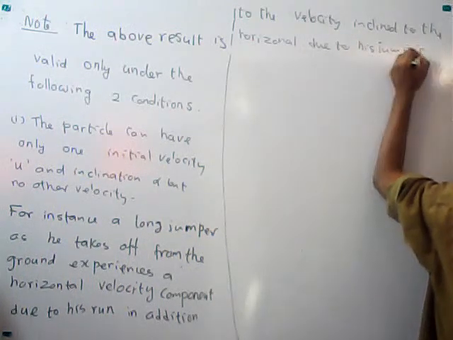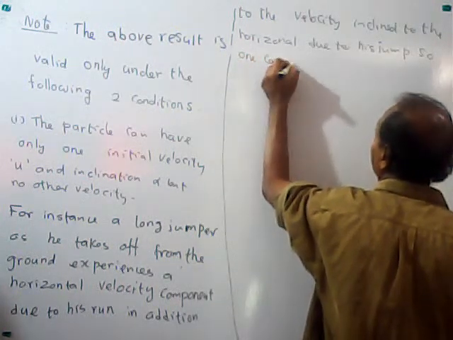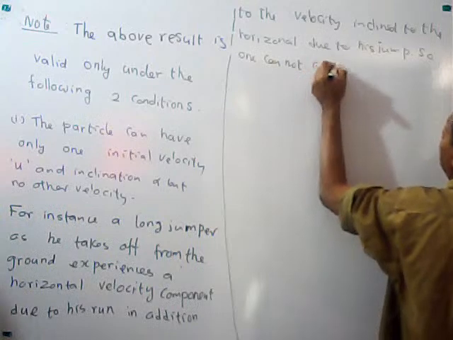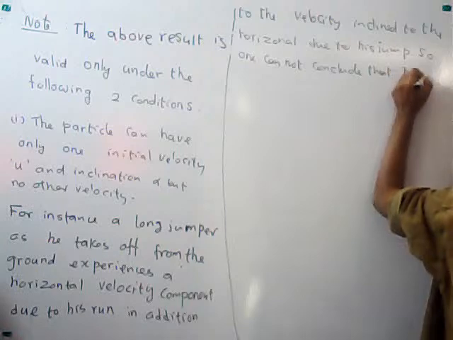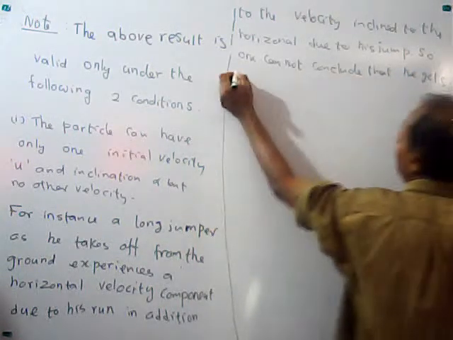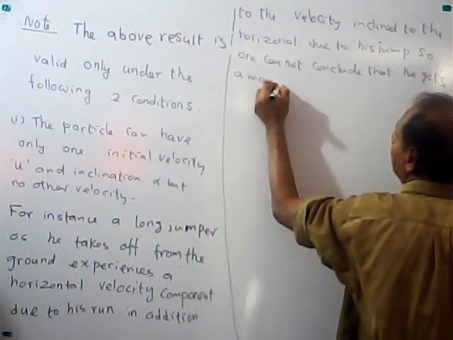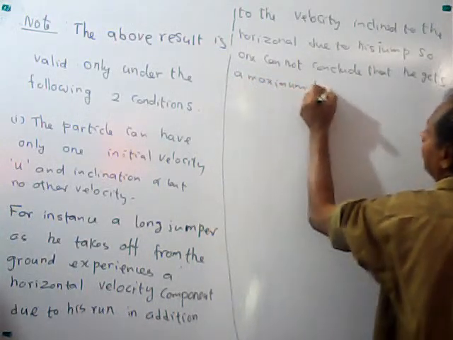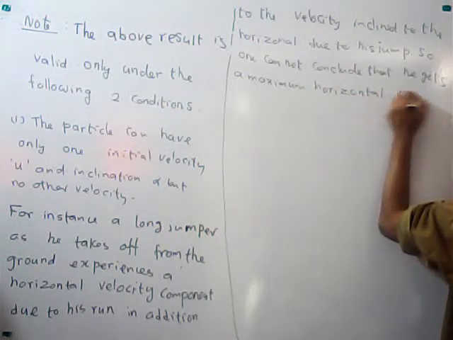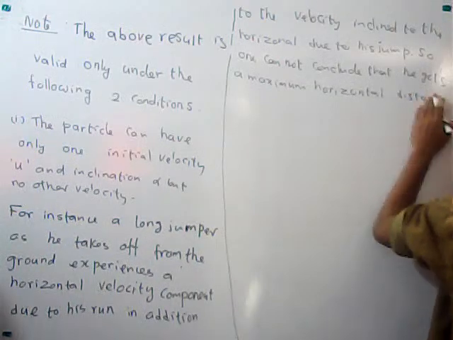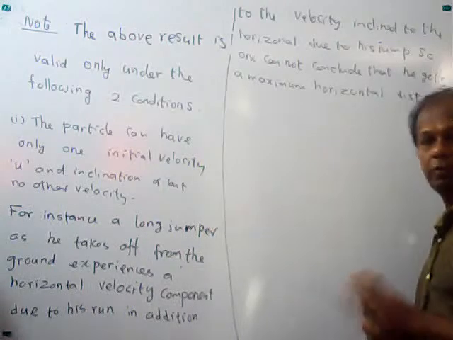So one cannot conclude that he gets a maximum jump, a maximum horizontal distance jumping at 45 degrees.